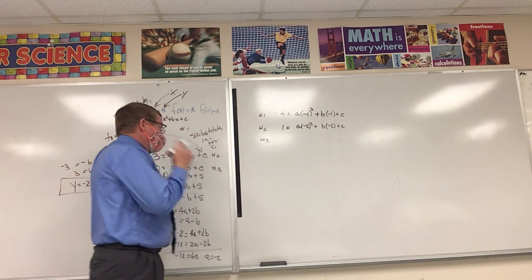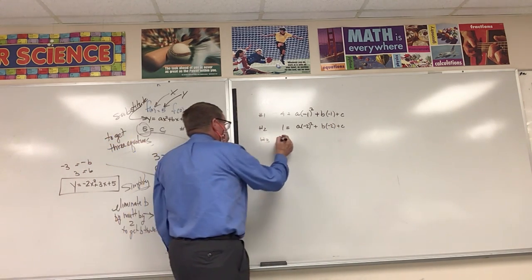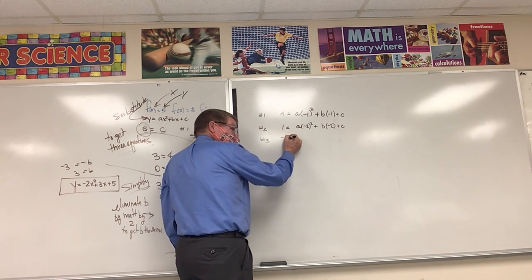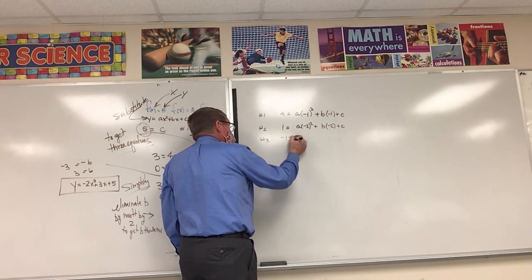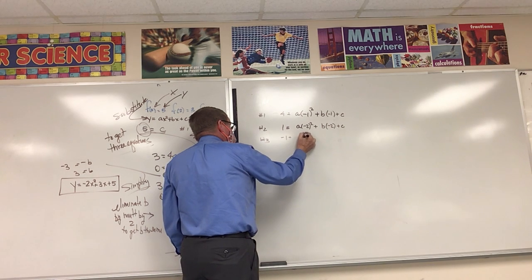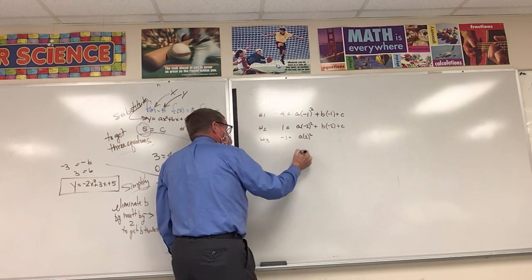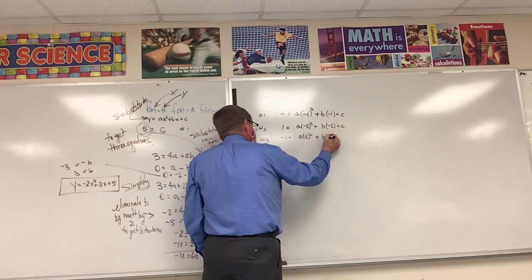All right, Logan, give me the third one. -1 equals a times 2 squared plus b times 2 plus c.